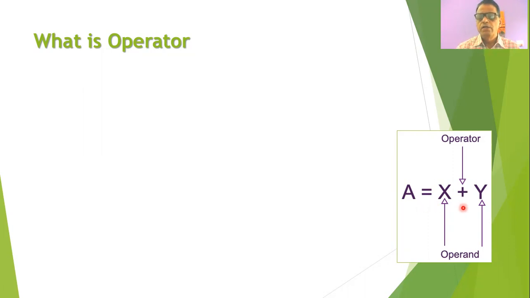So whenever we write an expression like this, a is equal to x plus y, this plus is called an operator, which is an addition operator. x and y are the operands, and the value of x plus y is assigned to the variable a.